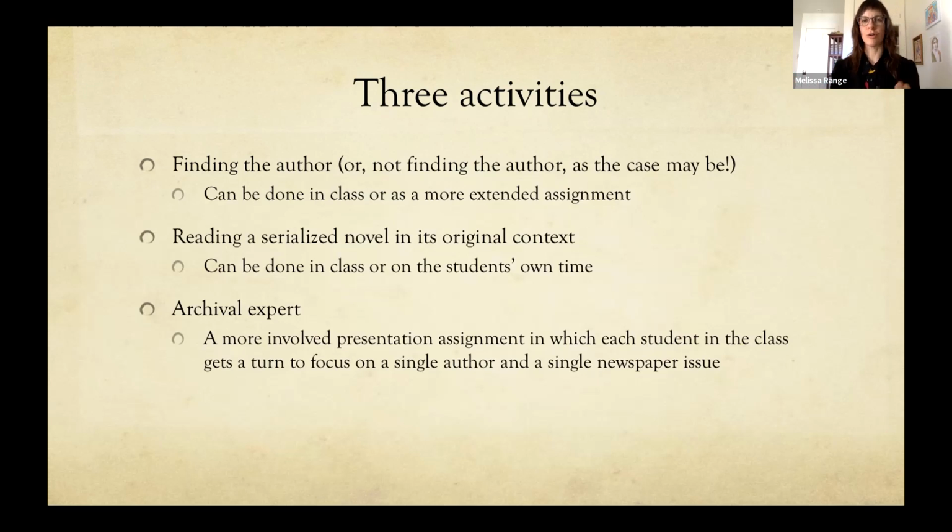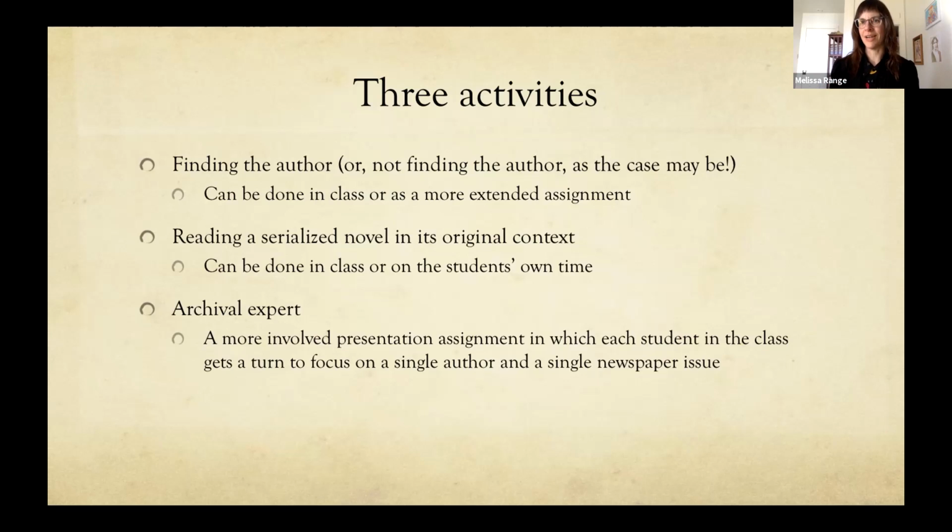The first two are shorter ones to be done in class. One is just finding the author, or sometimes not finding the author. I teach a lot of non-canonical writers, so sometimes you just don't find the people. So this is very much a treasure hunt kind of assignment, using databases, typing in the author's name or the name of the author's work, and just seeing what we find.